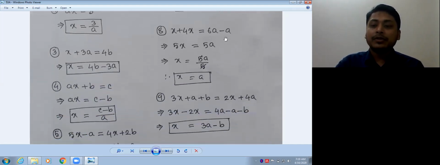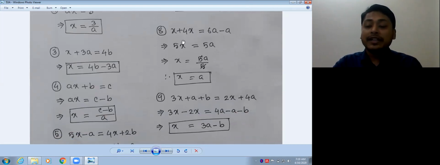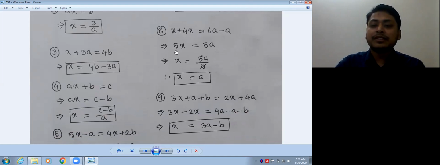And now I'm going to the next maths. Here, the number 8. It's as usual math. x plus 4x equals 6a minus a. It's very interesting maths because you can see that there is no extra in the right hand side and no alphabets in the left hand side. So directly do the calculation. x plus 4x equals 5x and 6a minus a equals 5a.